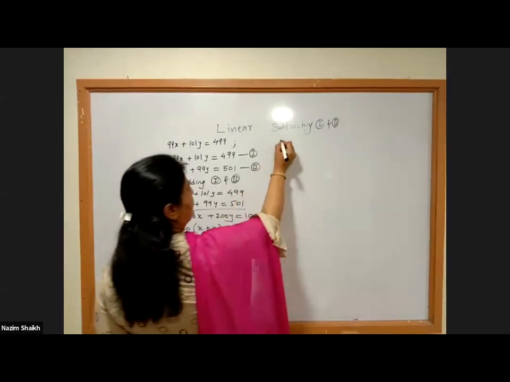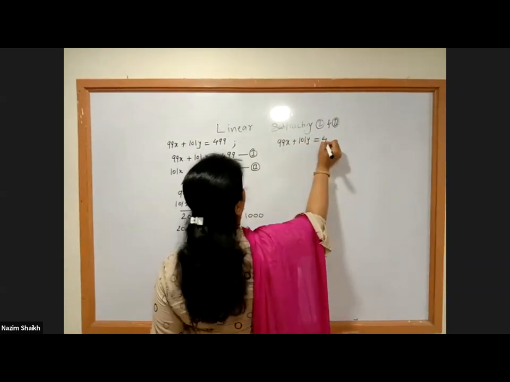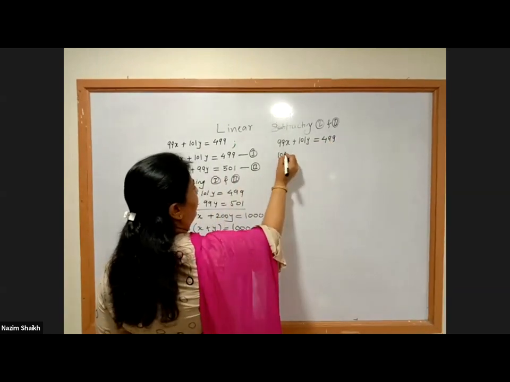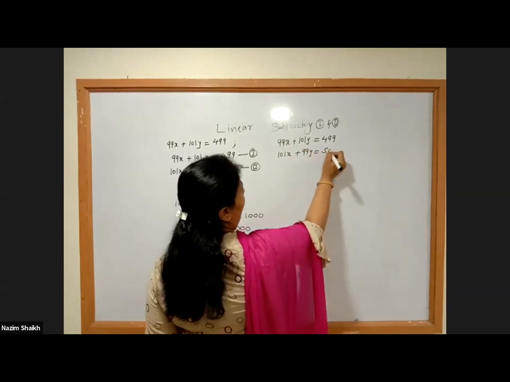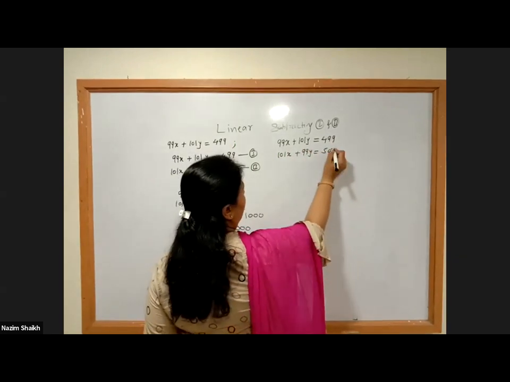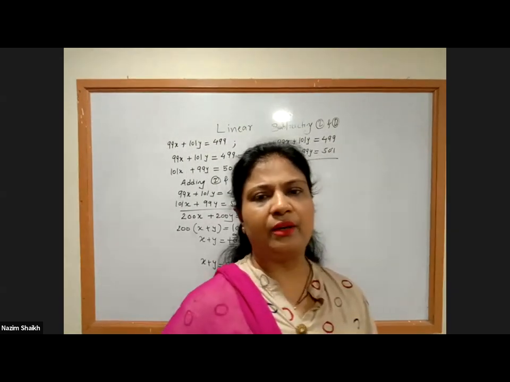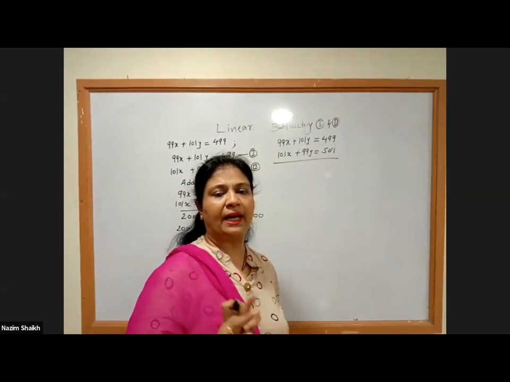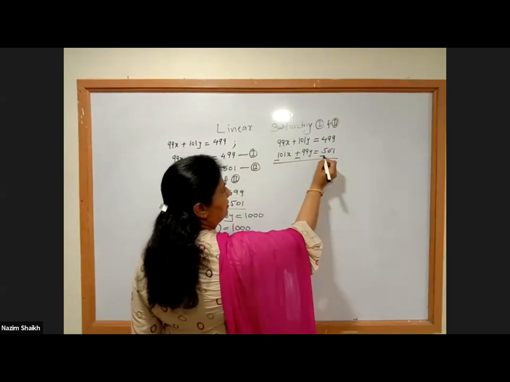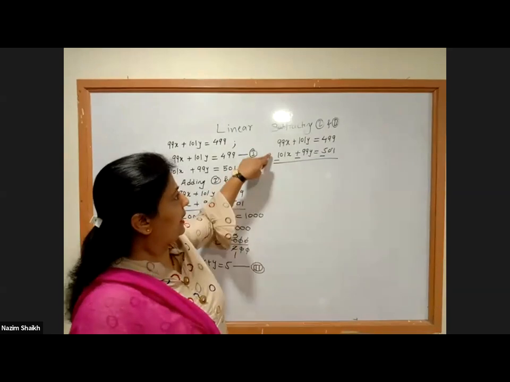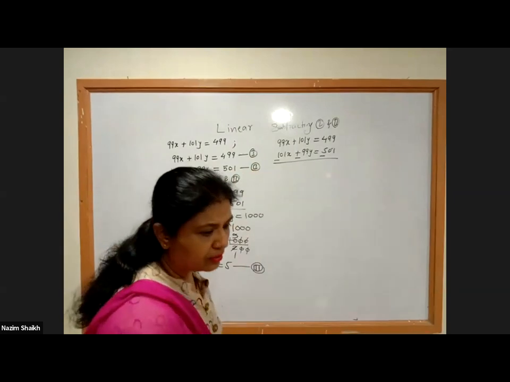So equation 1 is 99x plus 101y equals 499, 101x plus 99y equals 501. In subtraction too, if anyone has doubt, I will tell you that you have to observe me carefully what I am doing and then you have to practice it. So minus, minus, minus. 99 minus 101, rather 101 minus 99, it is 2.